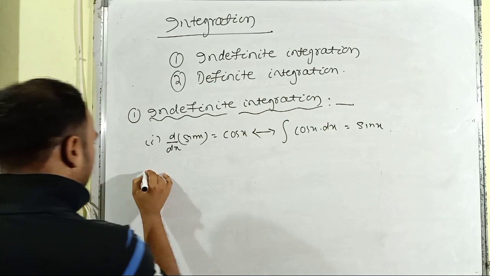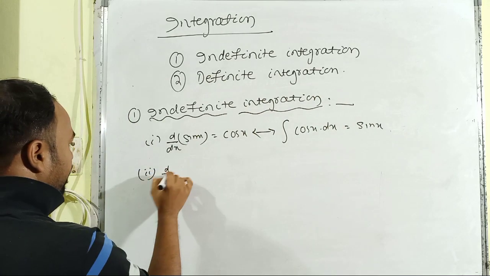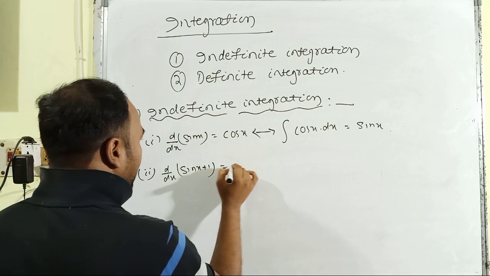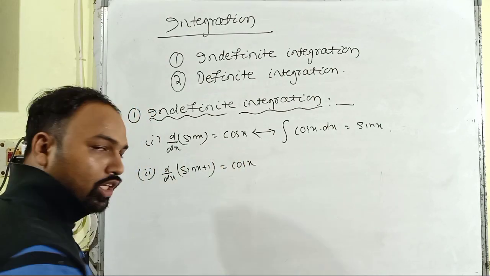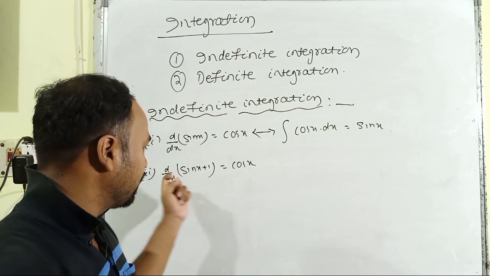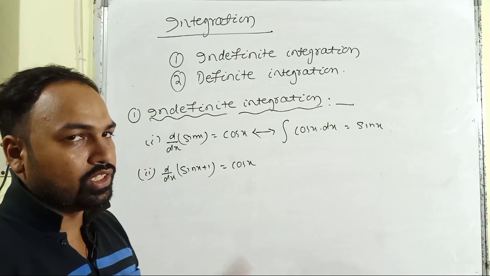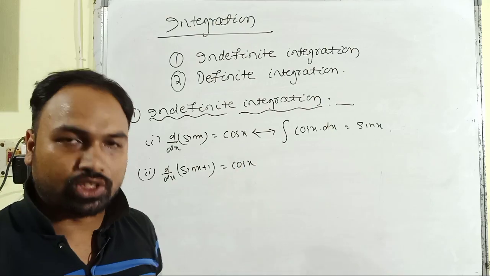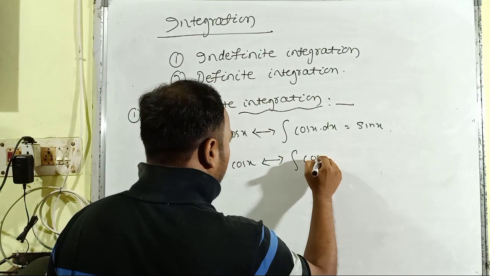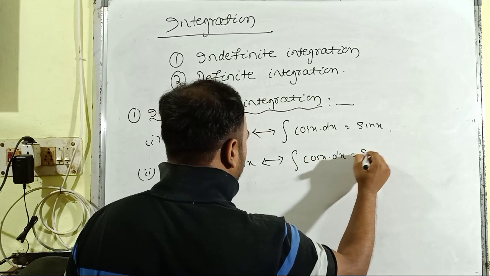It is the first one. Then moving towards the derivative of another function, sin x plus 1, it gives us again cos x, because by using the algebra of derivatives, the derivative of sin x is cos x, and then the derivative of 1 is 0. So no need to write down 0 here, and just reversing the condition we can have the integral of cos x with respect to x, and it is sin x plus 1.